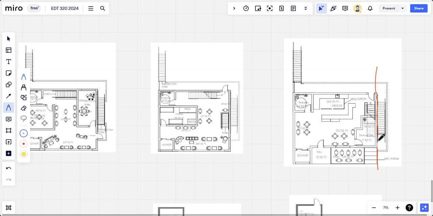So this is the main street, 34th Street, and this is the alley, right? Avant-garde alley.